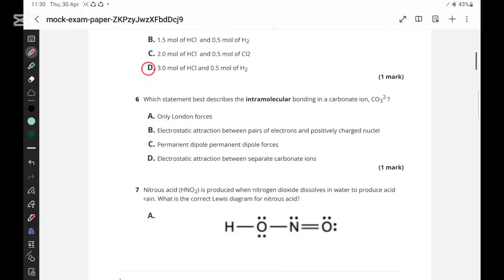Moving further, which statement best describes the intramolecular bonding in the carbonate ion? Intramolecular bonding means the covalent bond which is formed between the atoms.